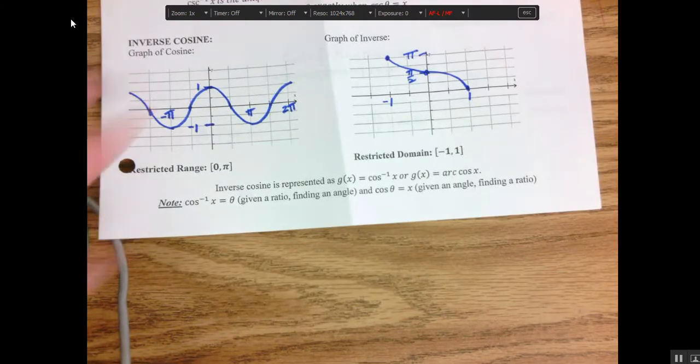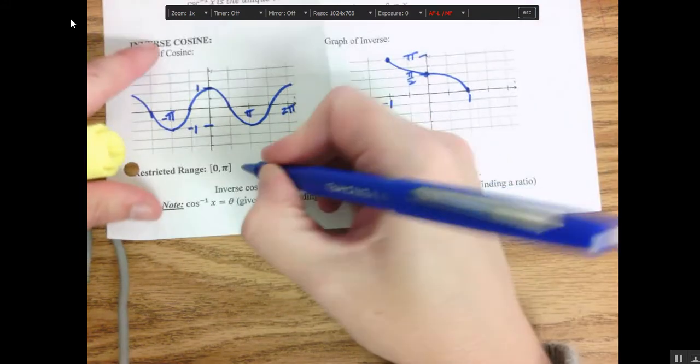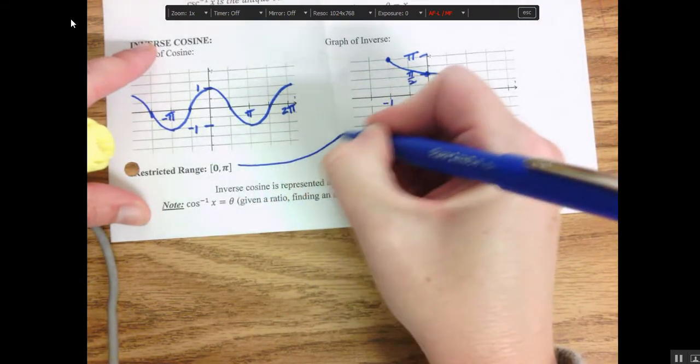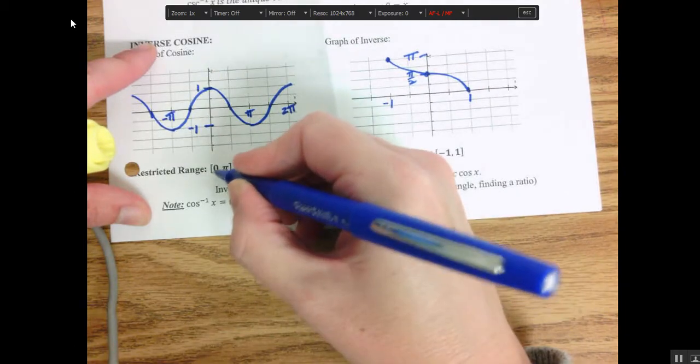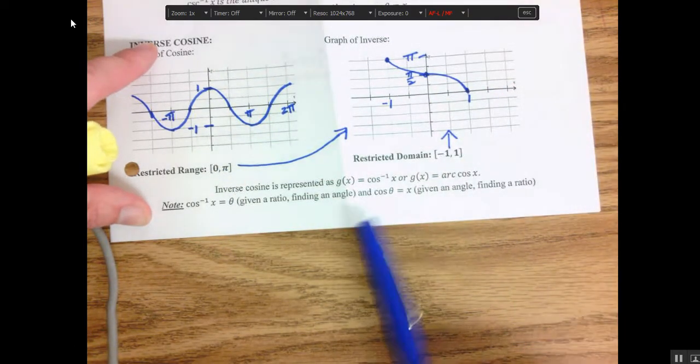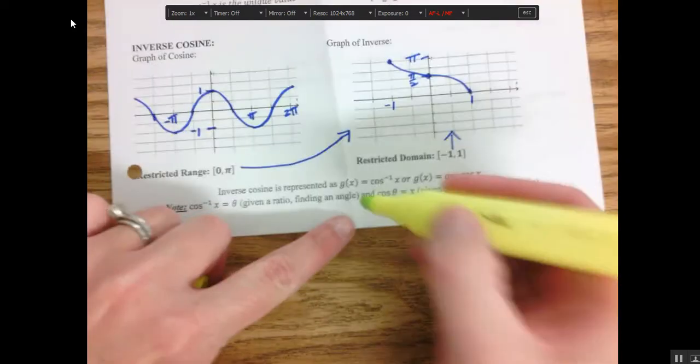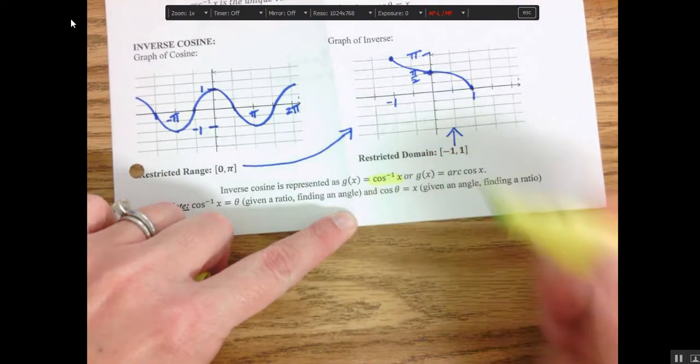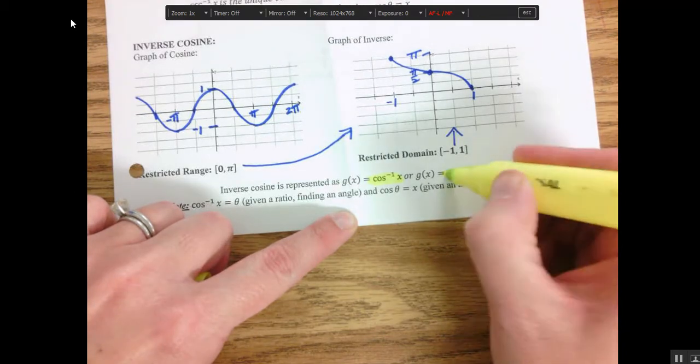So notice here it tells you that the range for inverse cosine is 0 to pi, and the domain is still -1 to 1. Inverse cosine can be written this way, or it can be written as arc cosine. They mean exactly the same thing.